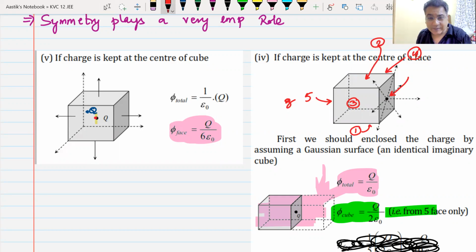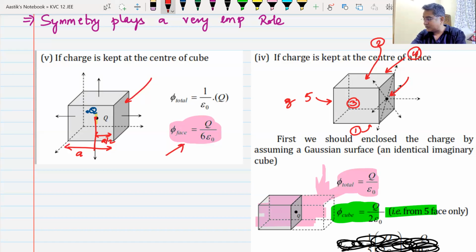This question is a replica of that question, just asked in a different way. Remember, the edge length of the cube was A, and the distance of the charge from the face will be A by 2, and you had to find the flux through any one of the faces. So you put 5 more faces, and now this charge comes at the center of the cube. You are asked to find the flux through any of the faces of the cube. The answer is Q by 6 epsilon naught.